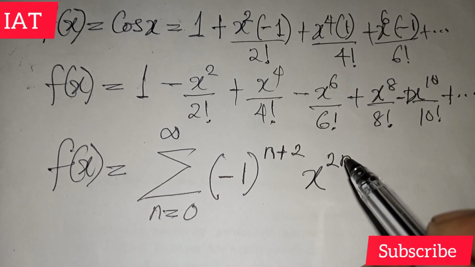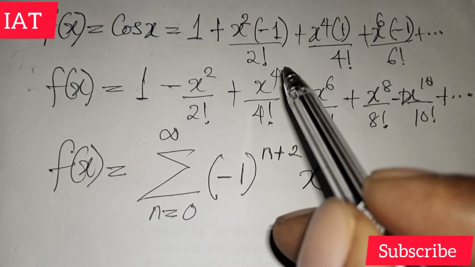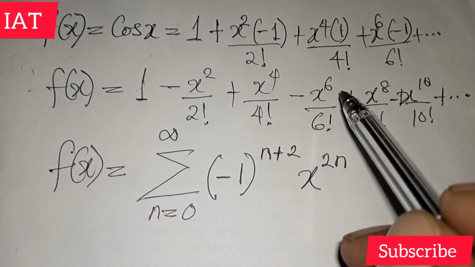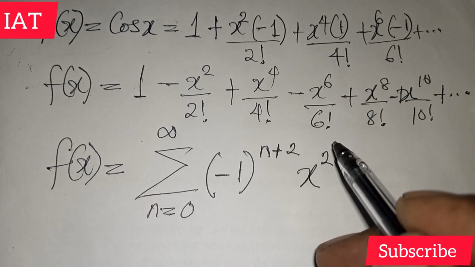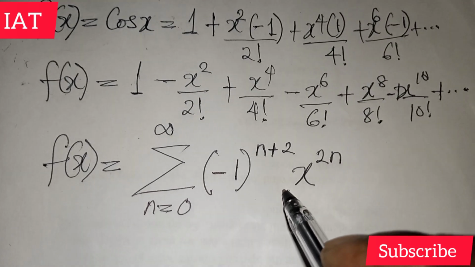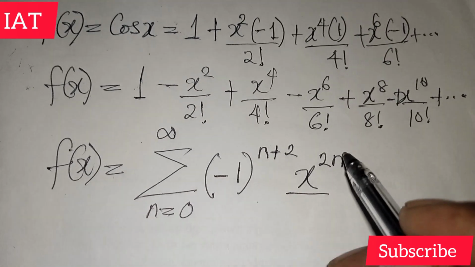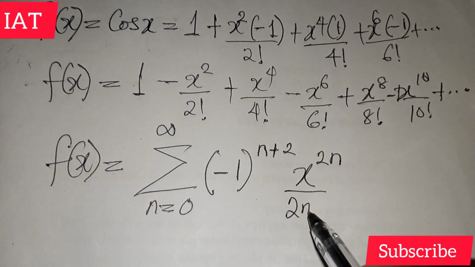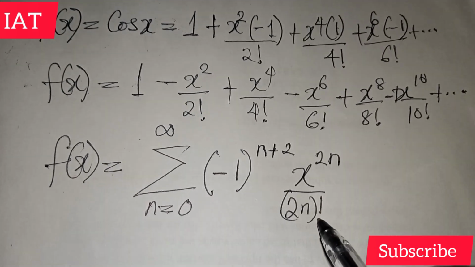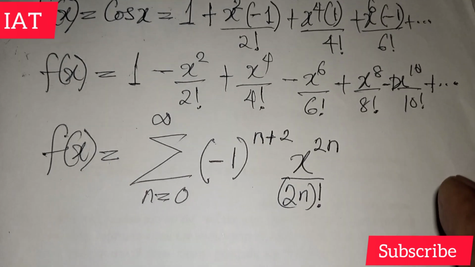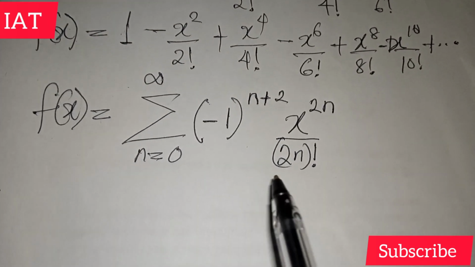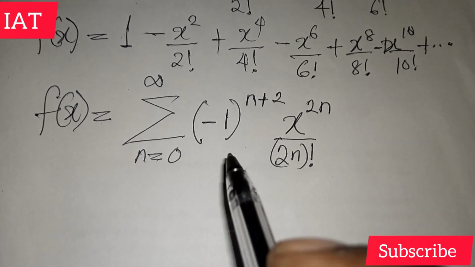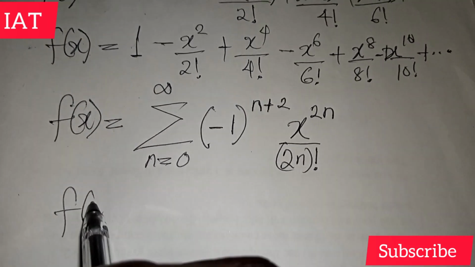If you choose n to be 2, 2 times 2 will give us 4. If you choose n to be 3, 2 times 3 gives us 6. That's why we choose this. And then keep in mind that this particular power will still be duplicated down here in the factorial, n factorial.